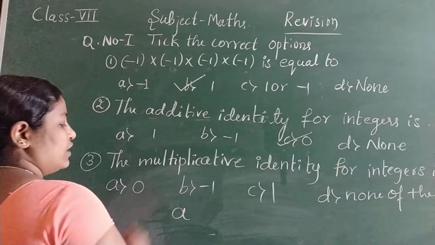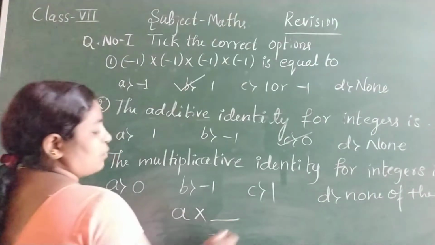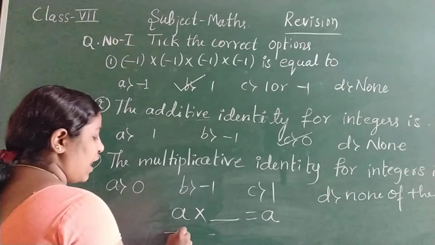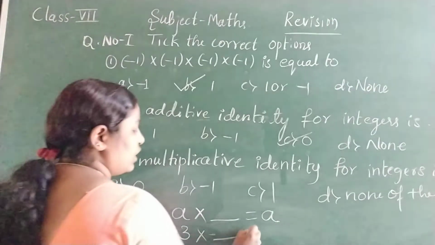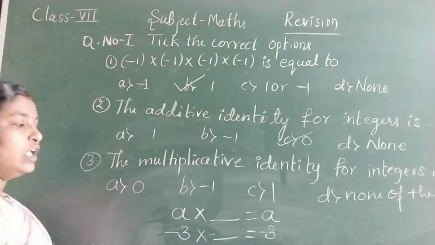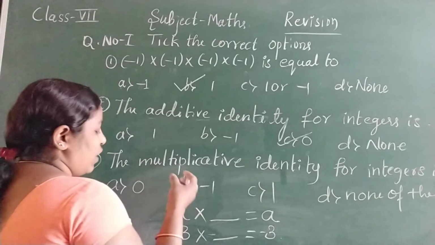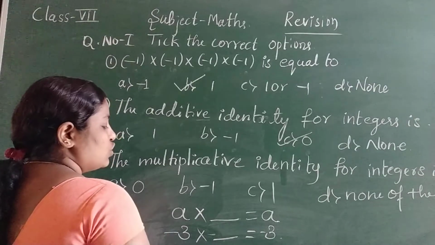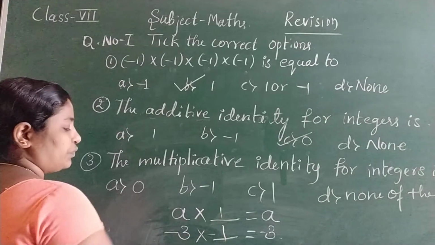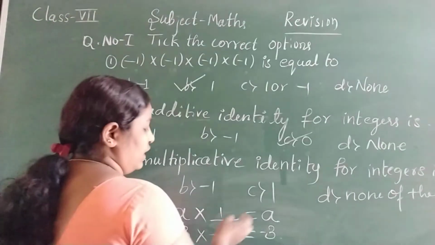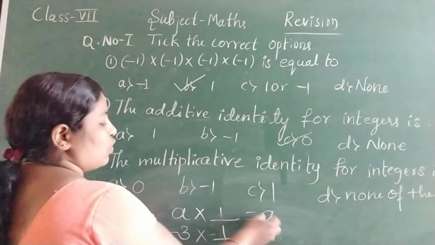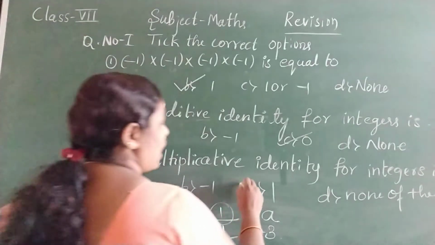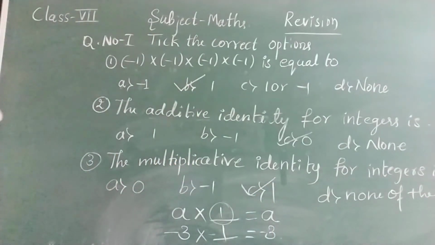Take any one integer, you have to multiply with something, then again you should get A only. Take minus 3 into something, you should get again minus 3. An integer into something is equal to the same integer. So what will be the answer? 1. Minus 3 ones are minus 3. A into 1 is equal to A. So the multiplicative identity is 1. So answer is C.